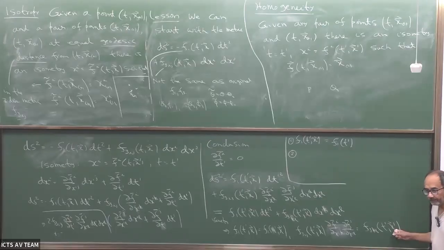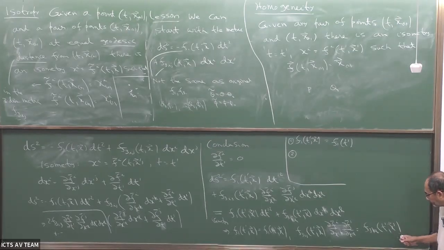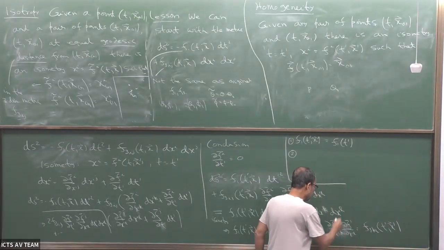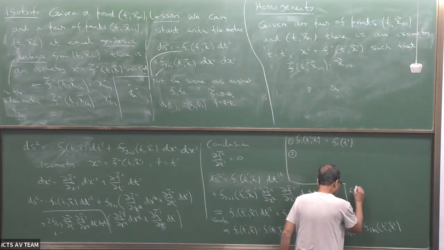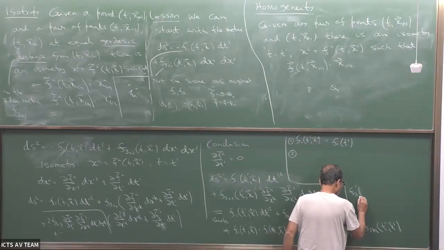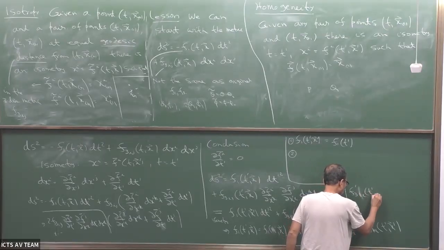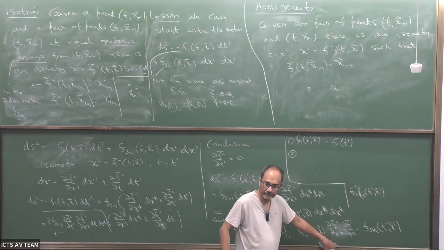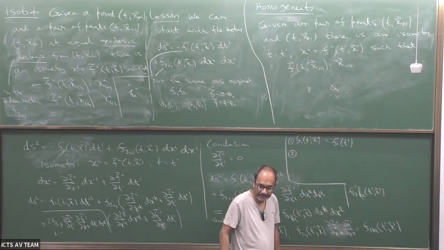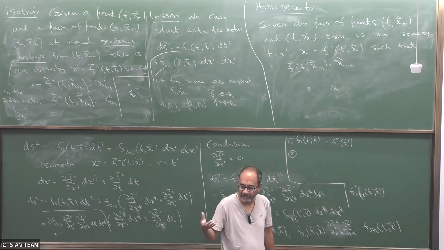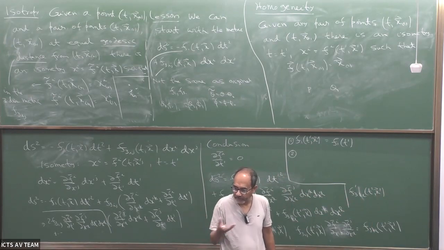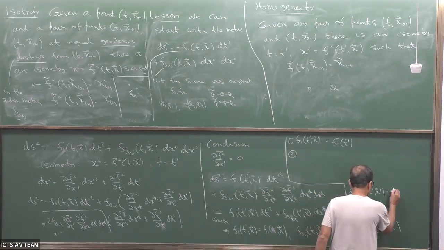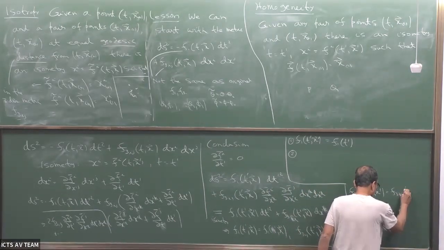So the left-hand side, F3 prime KL T prime X prime, has the interpretation of the way it would have been transformed if you think of this as a general coordinate transformation in 3 dimensions. But what this identity is saying is that this should be equal to F3 KL T prime X prime.